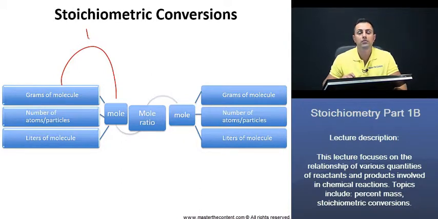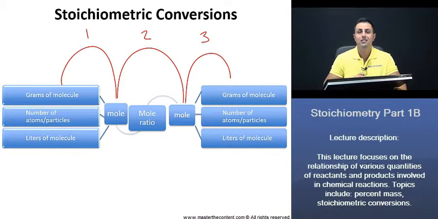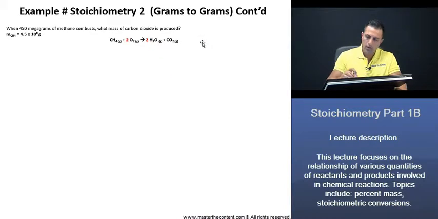Then from moles of methane, we need to convert to moles of carbon dioxide, and we can use the mole ratio in taking that step. Next, once we have moles of carbon dioxide, we need to get into grams of carbon dioxide. That's our third step. Thus, we're going to need to do 3 conversions. Great. Now, if we go to our slide, we can go ahead and set that up.